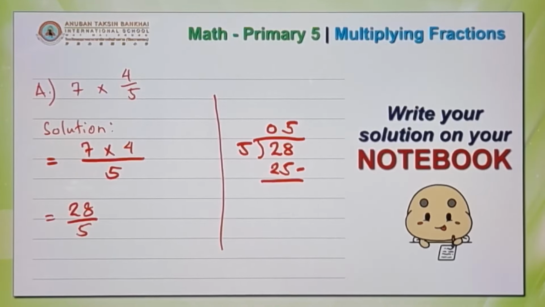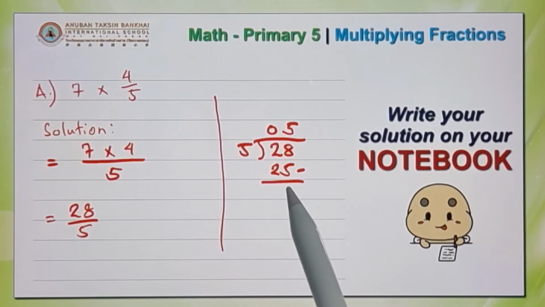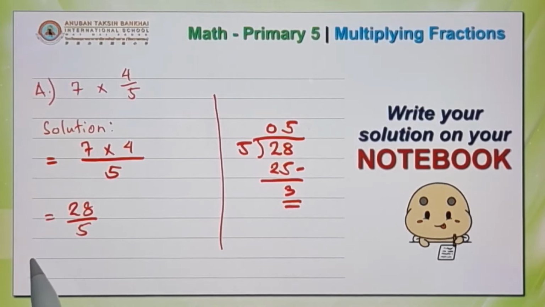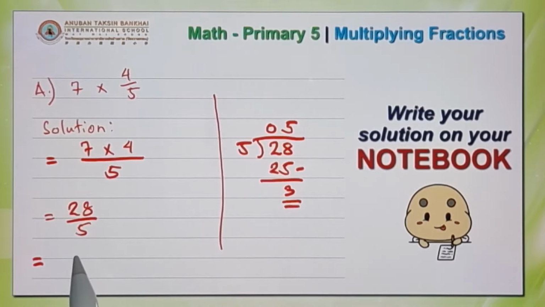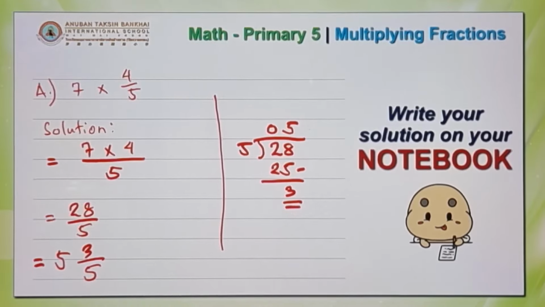It's minus. 8 minus 5, we have 3. 2 minus 2, we have 0. So our remainder is 3. So let's rewrite this one. So our answer is 5 and 3 over 5.